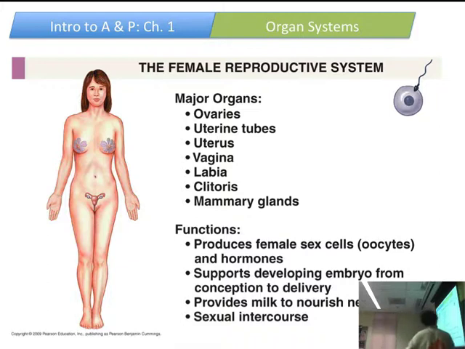And then, after birth, postpartum, the woman is able to produce milk through the mammary glands to nourish the infant. It is truly perhaps the most miraculous thing that humans or any organism is able to do. It's a shame that we won't be able to give it its due in this course.